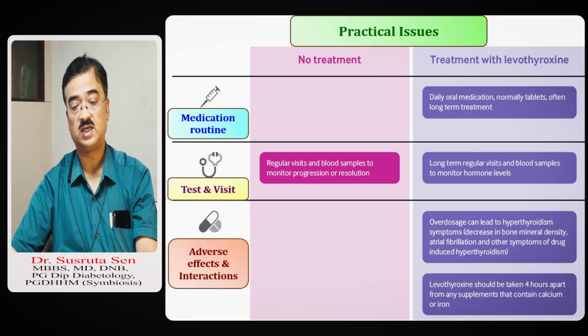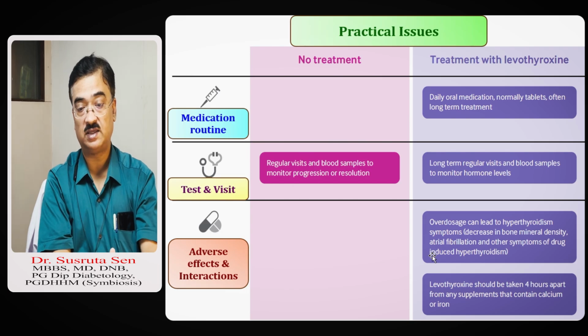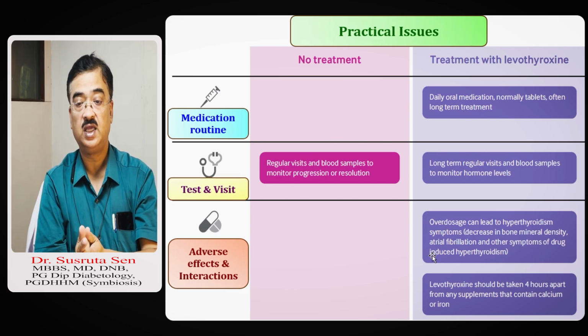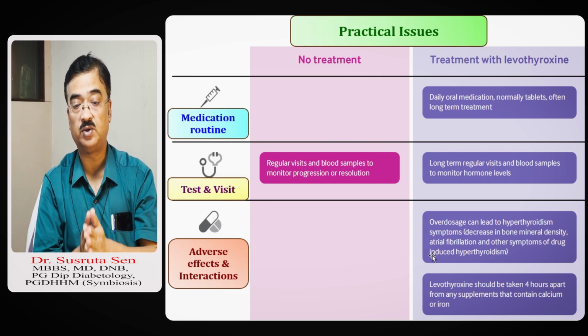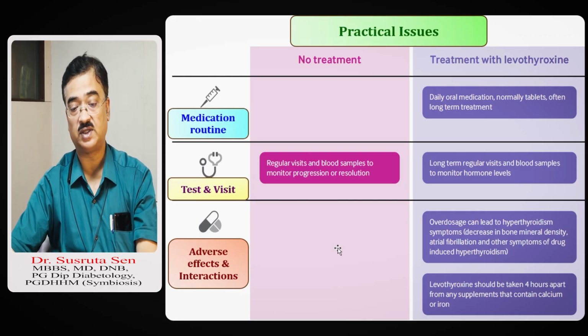Or sometimes the patient remains hypothyroid because you are not treating. So there are problems on both sides. You have to deal with them according to your clinical judgment. And one more thing, levothyroxine should always be taken on an empty stomach, because absorption of levothyroxine, or T4, largely depends on an empty stomach. Food hampers its absorption greatly.